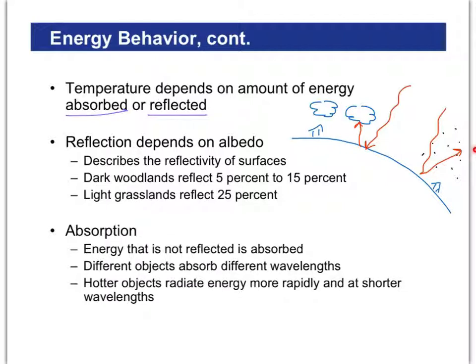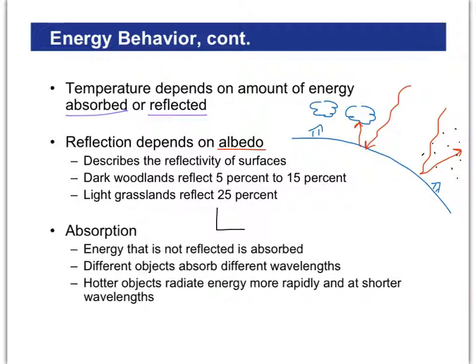So reflection depends on a property that we call albedo. I know that sounds like the name of a mobster or something, but albedo is, you might say, the reflectivity of a surface. Something that's white has a high albedo, because it's reflective. Oops, that's not white, that's red. I can't really draw white on white.